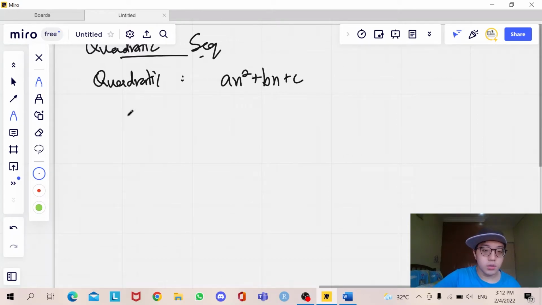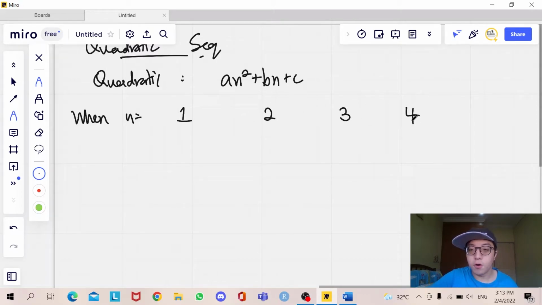All right, so we have a table here. When n is equal to 1, 2, 3, and 4, we will do until here.